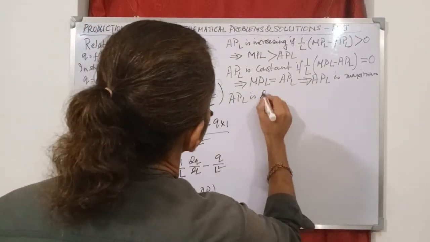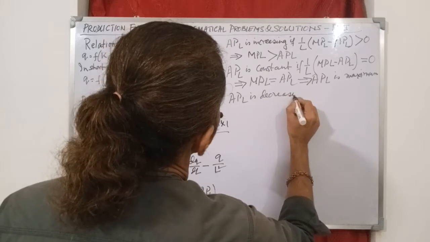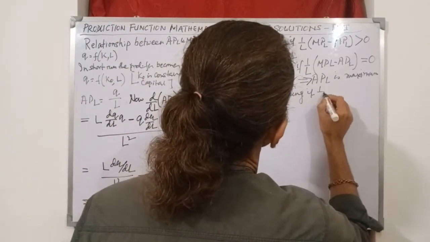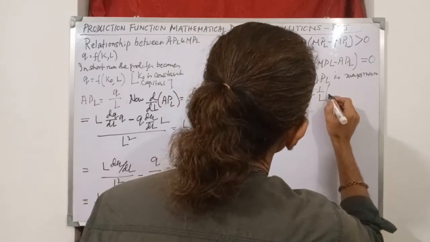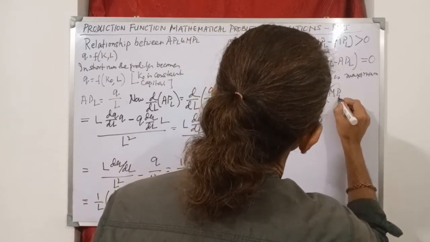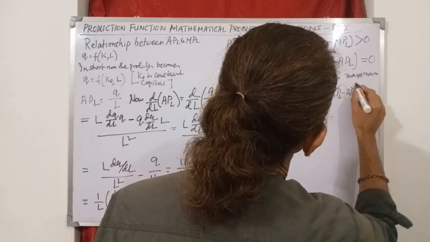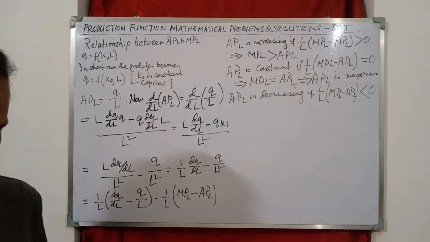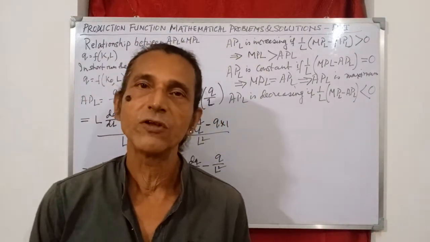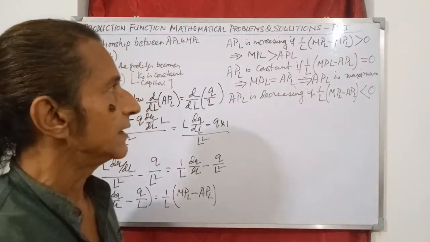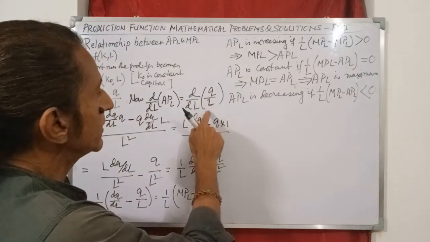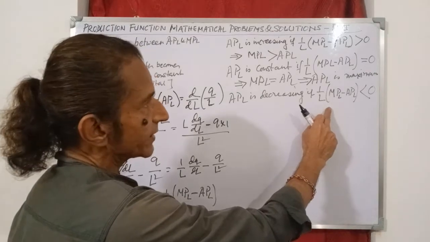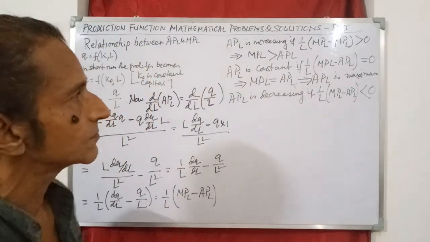Next, APL is decreasing or falling if 1 by L multiplied by (MPL minus APL) is less than 0. Right? APL will be decreasing if d/dL of Q by L, that is 1 by L multiplied by (MPL minus APL), is less than 0.